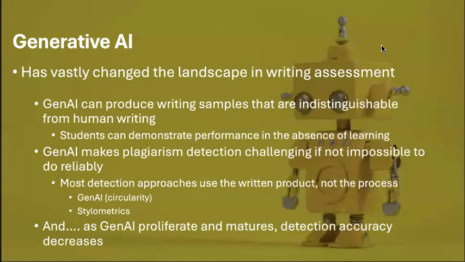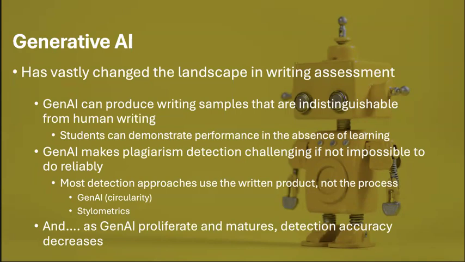So let's talk a little bit about generative AI. As we know, it has vastly changed the landscape, especially for writing assessment, and we're mostly interested in writing assessment in this talk. Why we're interested in writing assessment is because Gen AI can produce writing samples that are basically indistinguishable from human writing, especially for lower level writers that you would find in 6th through 12th grades.